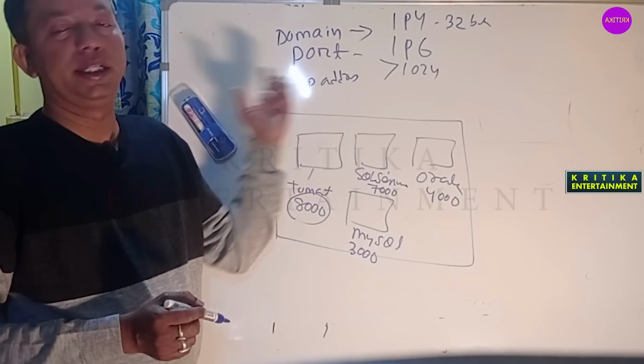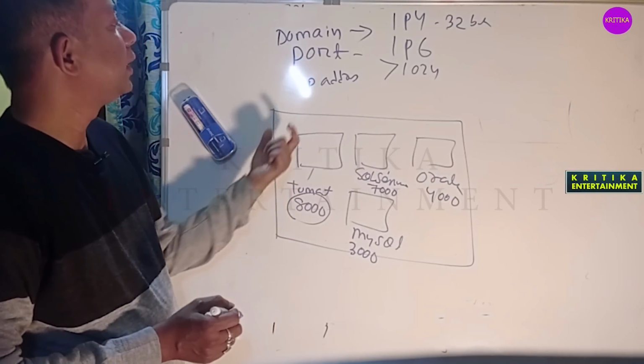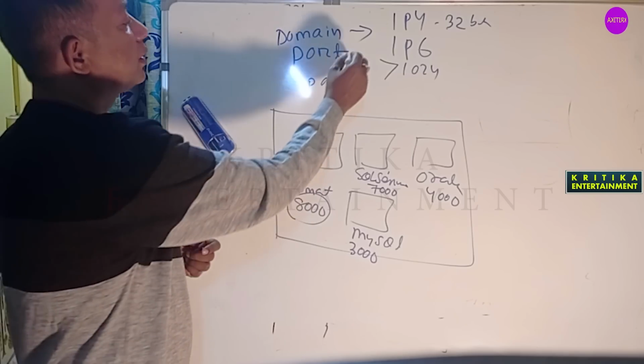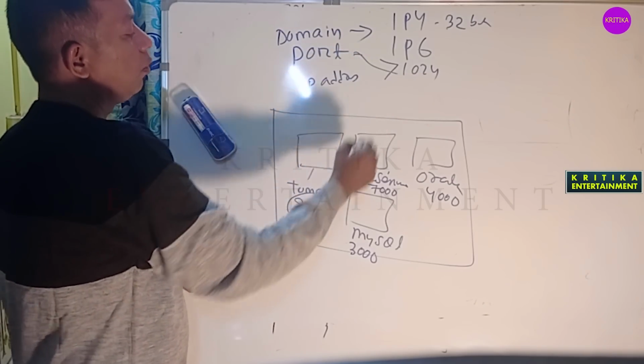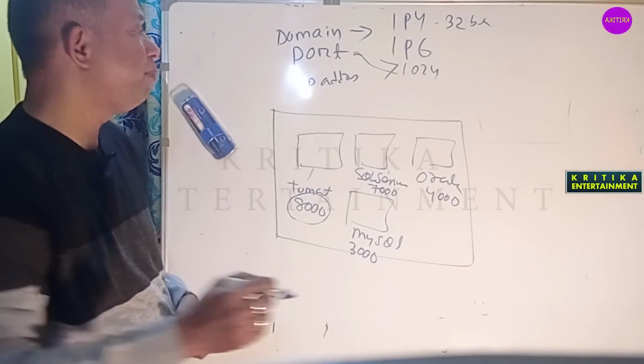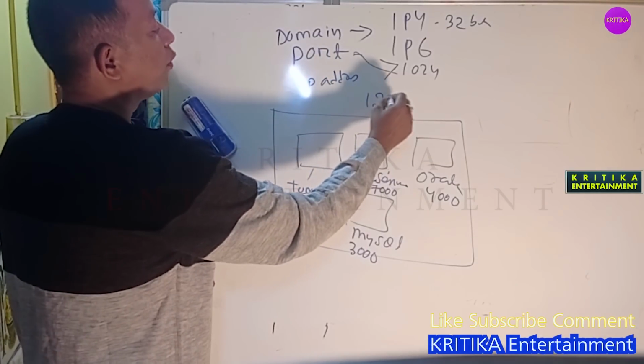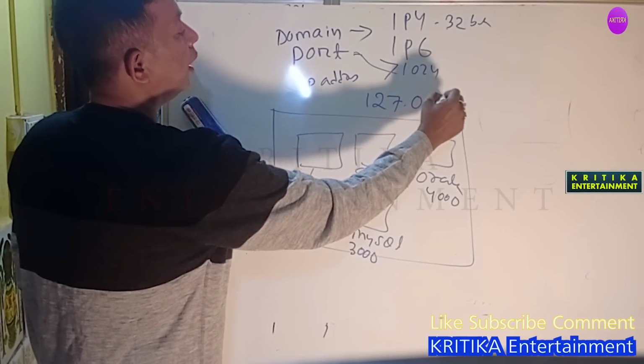Next is the IP address. If it is the same machine, then you use 127.0.0.1.